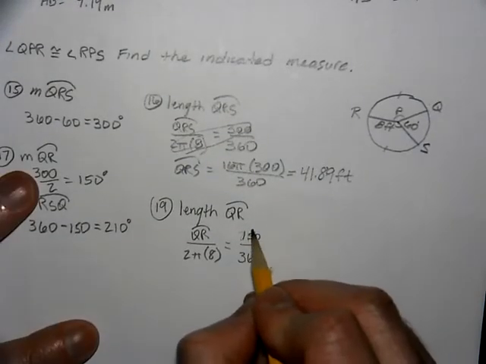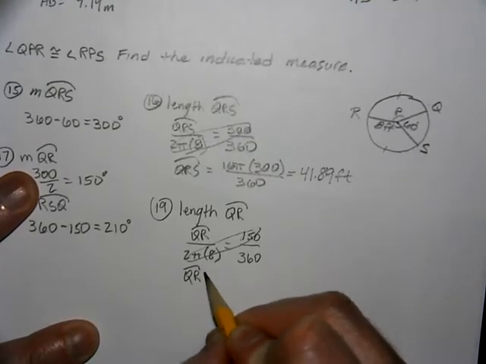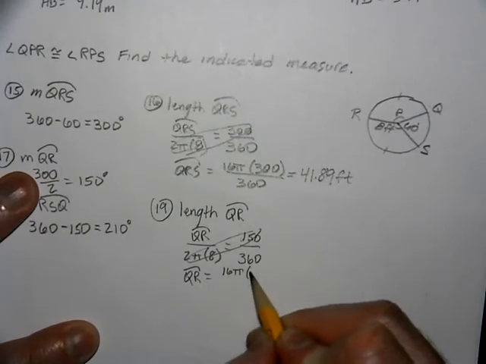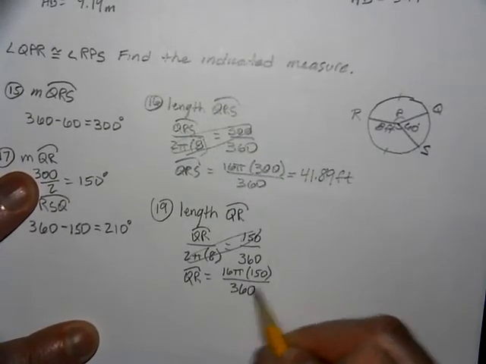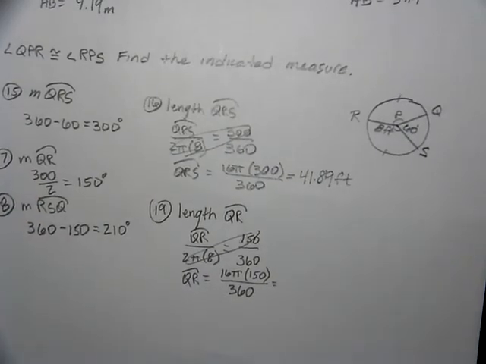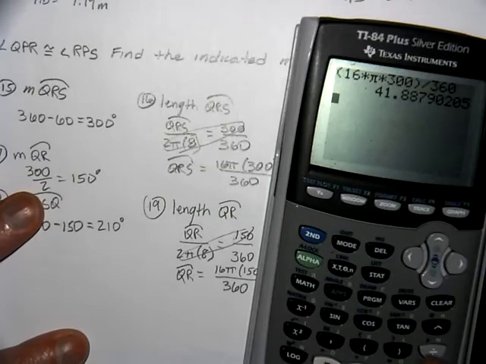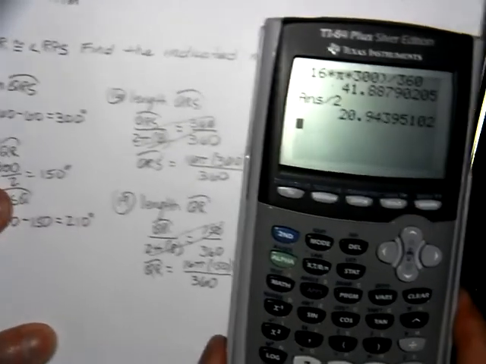So we'll cross multiply. So arc QR is 16 pi times 150 divided by 360. Using our calculator, I'm suspecting that the answer is going to be 20.94.